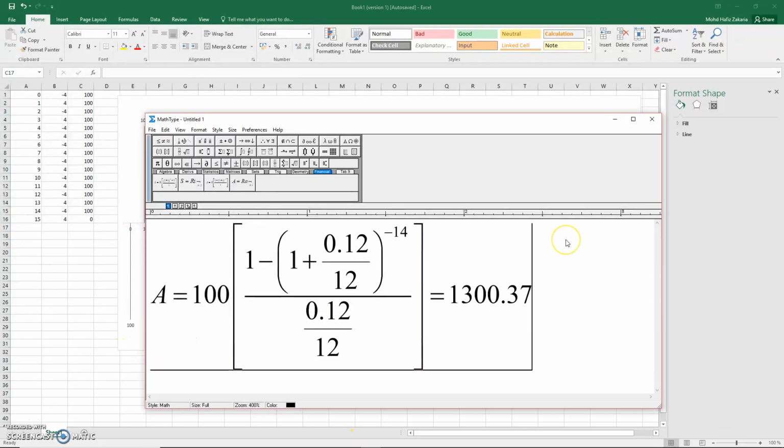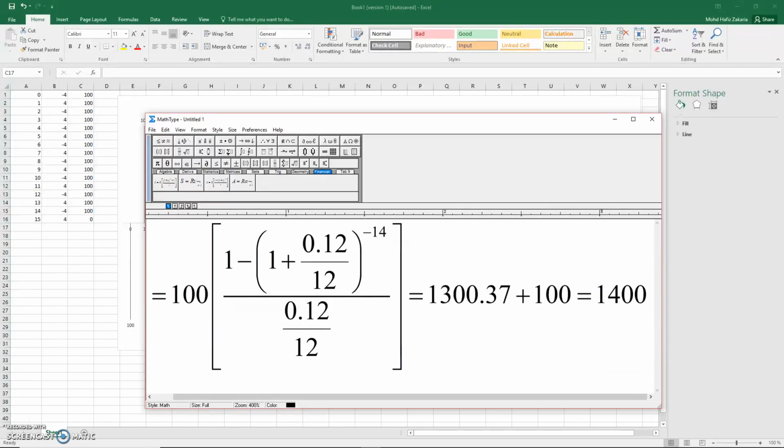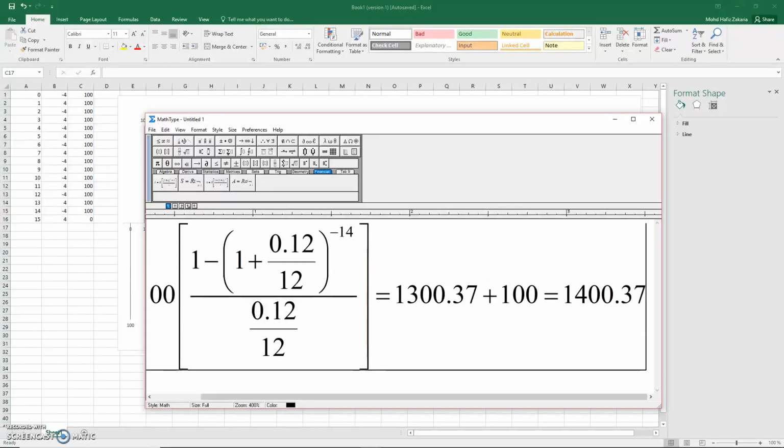So plus 100, then it will give you 1400.37. So the present value of the contract that Jenny paid, the original value, is 1400.37, which is not 1500.